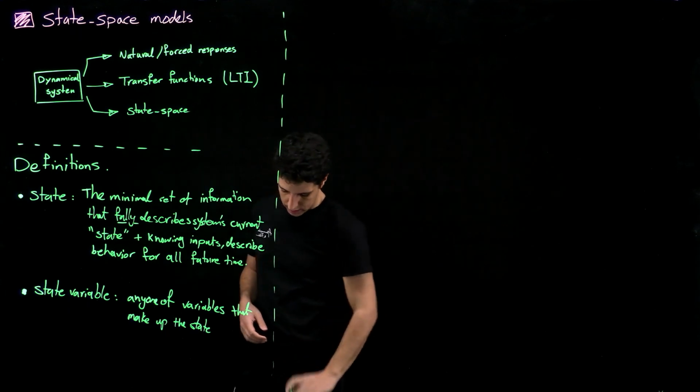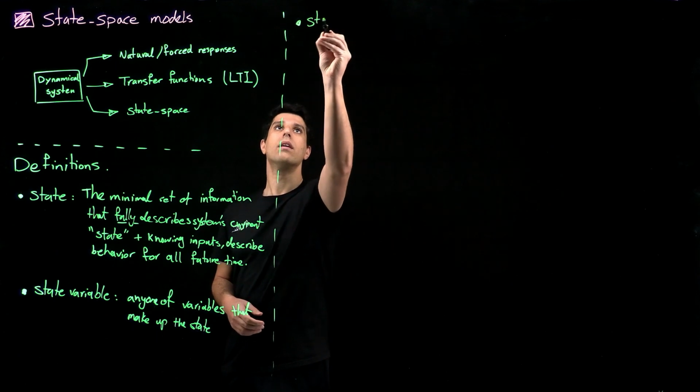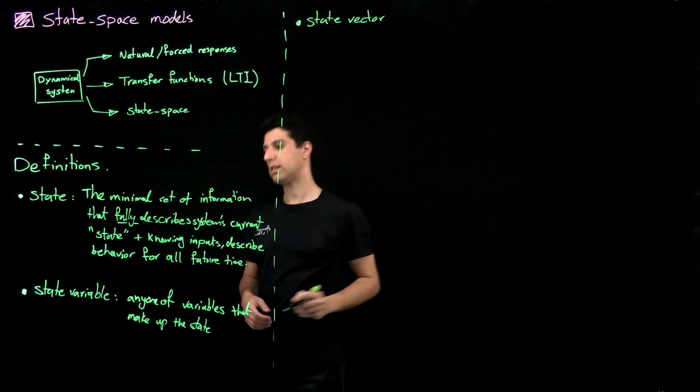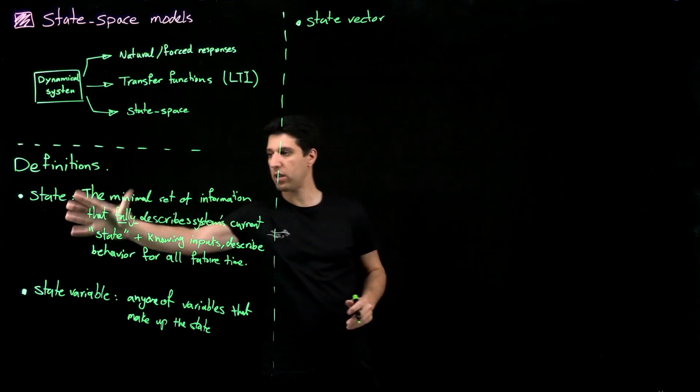Next one is a state vector. State vector is the mathematical formalization of a state.